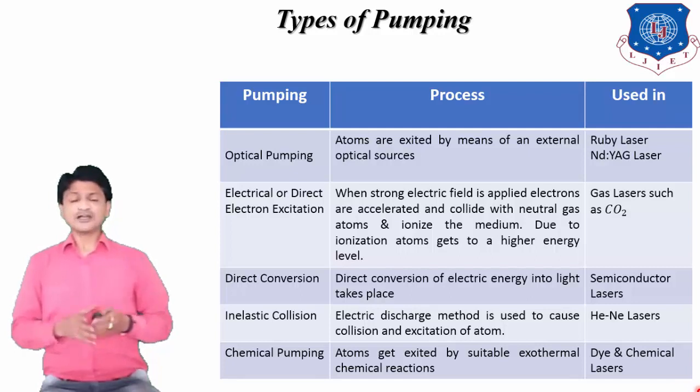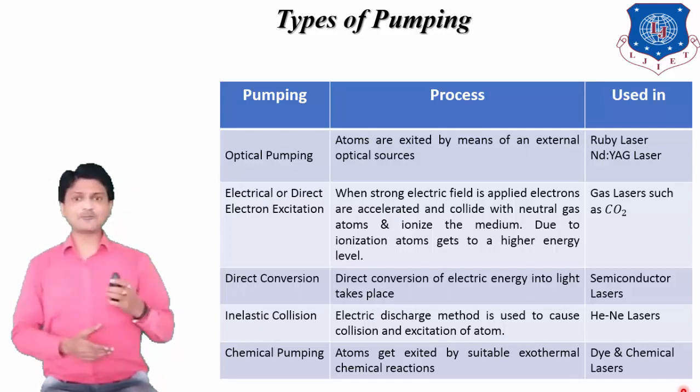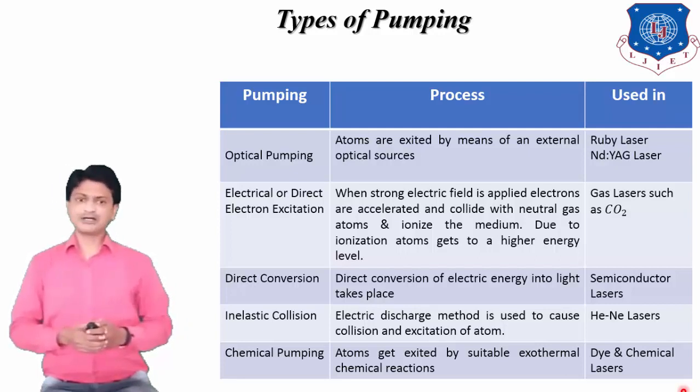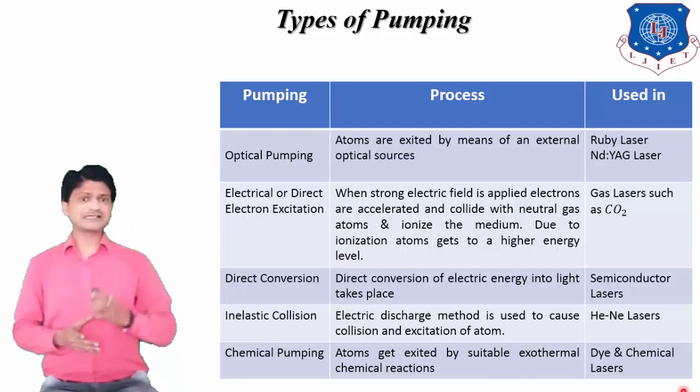Here you have to keep in mind that there are different types of pumping: optical pumping, electrical pumping, direct conversion, inelastic collision, and last is chemical pumping. Also, these pumping methods are used in various types of lasers that we have discussed.